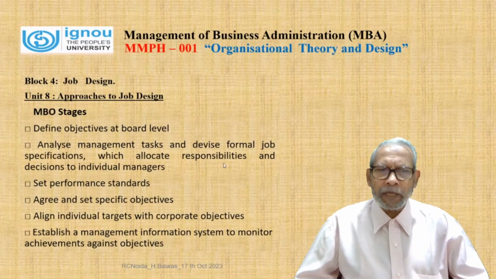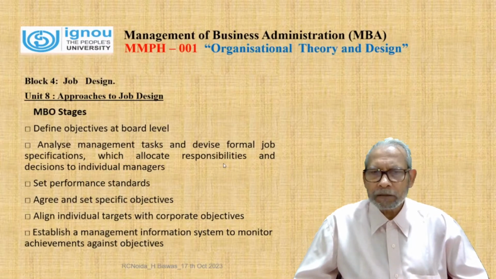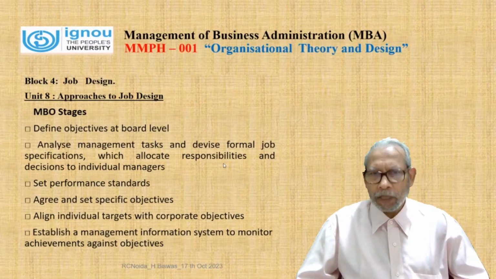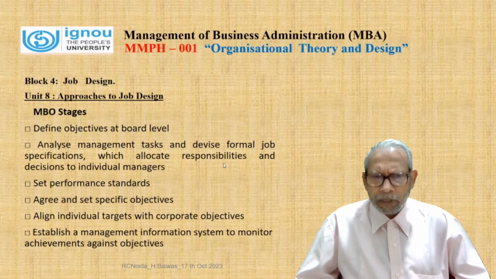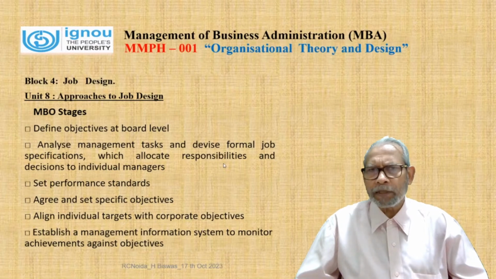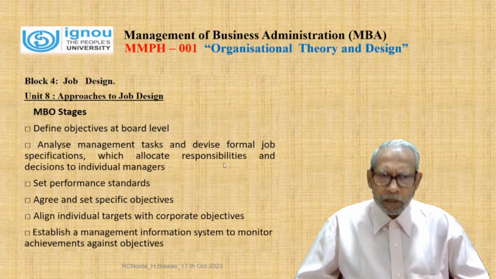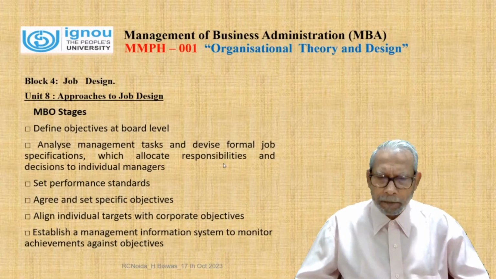Then establish the management information system, in short MIS, to monitor the achievement against the objectives. So MIS will see whether the objectives set by the management are being fulfilled or not. If any modification is required, then it can be done.